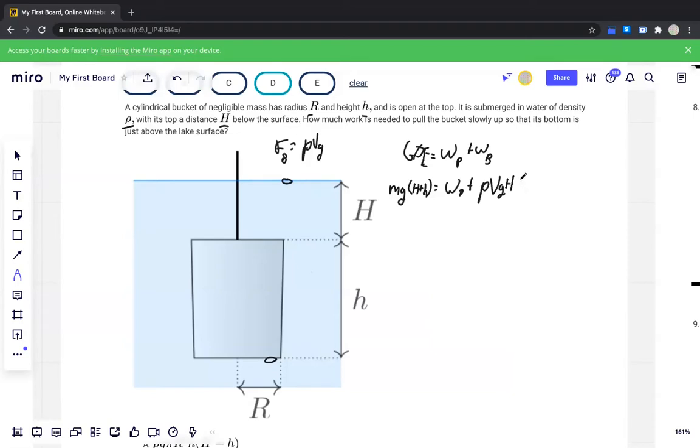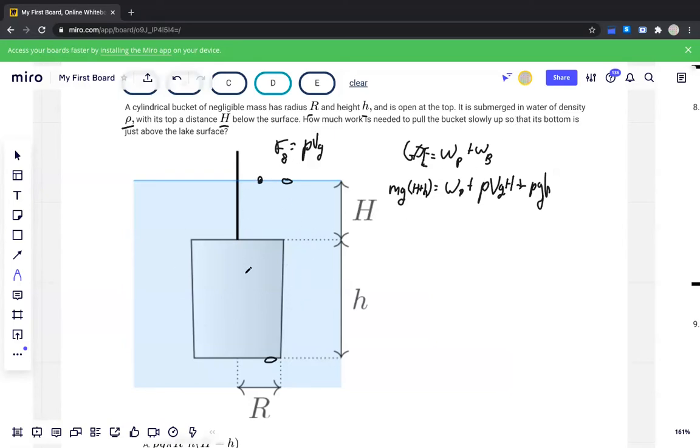But now, from when the top of the bucket is here to when the bottom of the bucket reaches the water line, the amount of volume that's submerged will decrease. So this means we're going to add some rho g, small h, times some volume. And this volume is going to be the average volume.